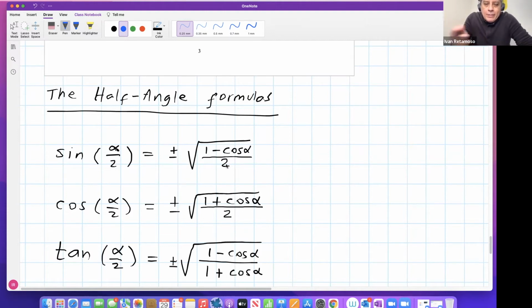Remember that plus minus appears because you take a square root of both sides. Plus minus the square root of 1 minus cosine divided by 2. Okay, this is the first formula. This is called the half angle formula for sine.